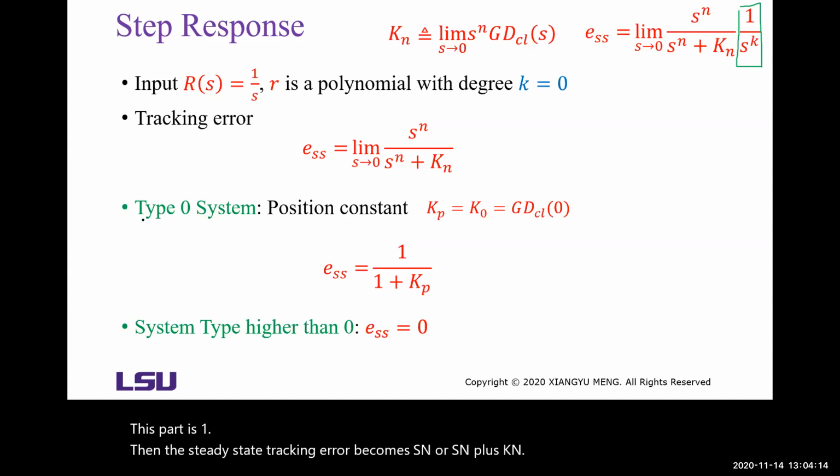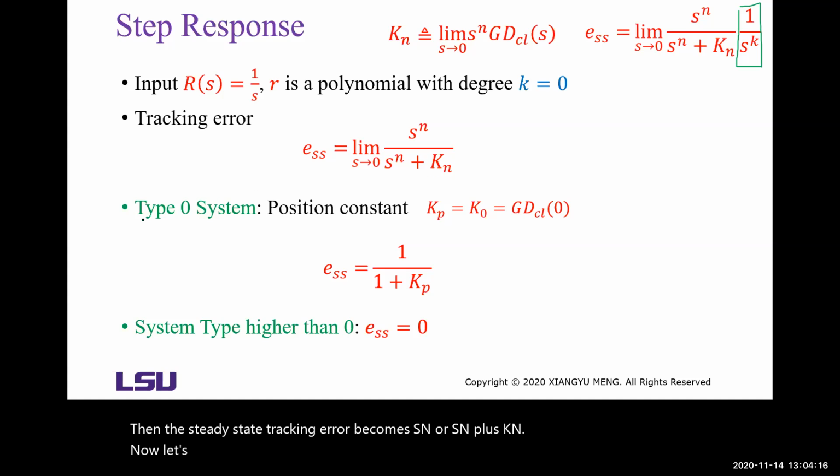Now let's assume the system is type 0. If it is type 0, we know G times D has no integrators. So n is 0.